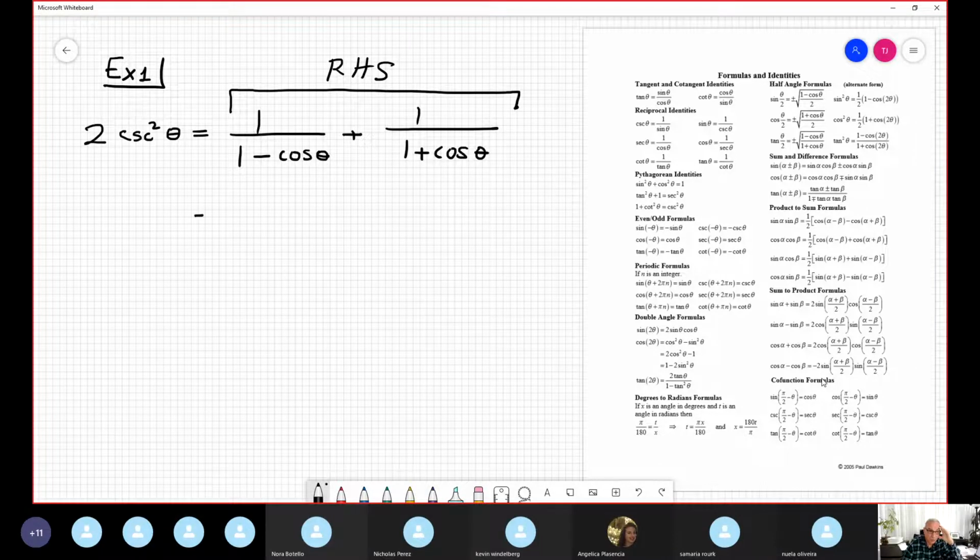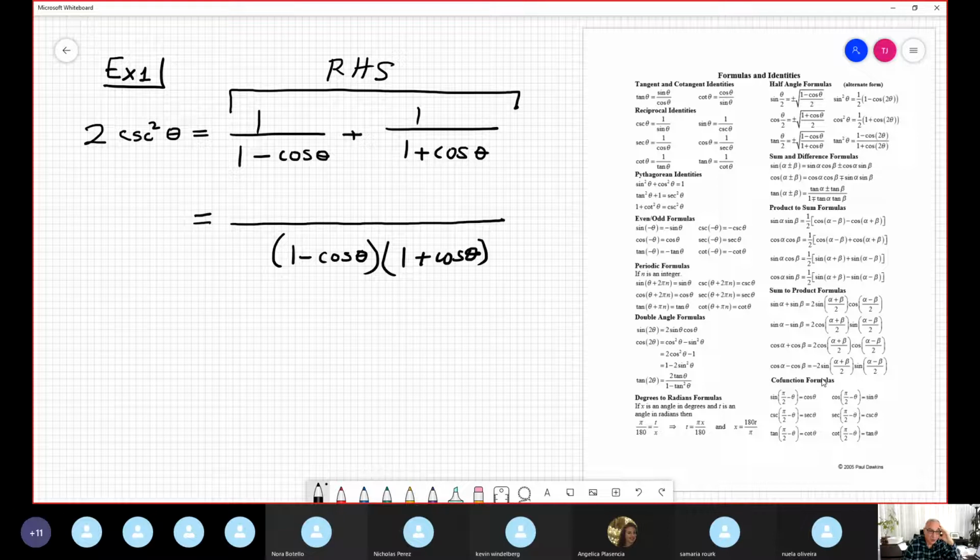So I propose you condense this into only one fraction. And the least common denominator is both, because they are similar, but with different factors. One is negative, another is positive, no?